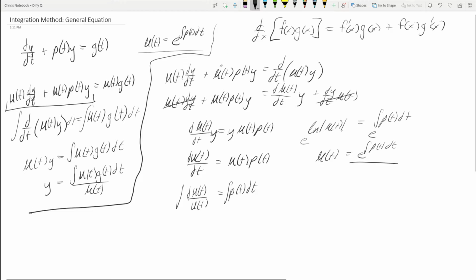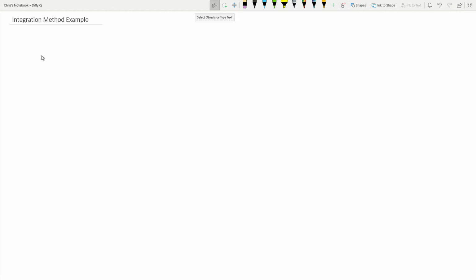So next I'm going to do a basic example, and we're going to solve a first order linear differential equation. So we're going to look at a basic example such as dy/dt plus 5y is equal to 3.